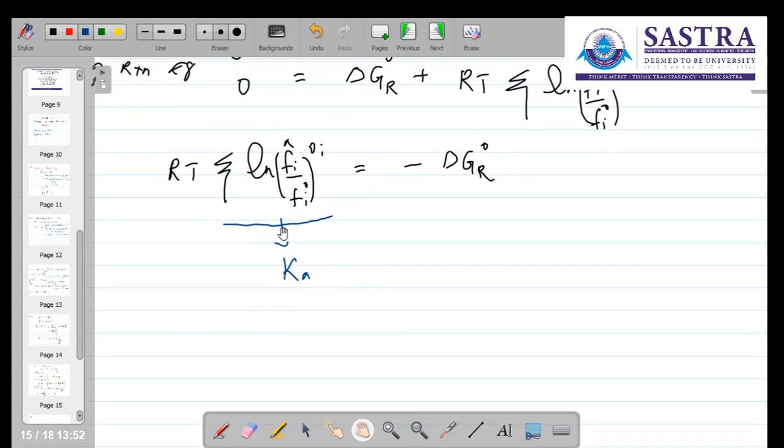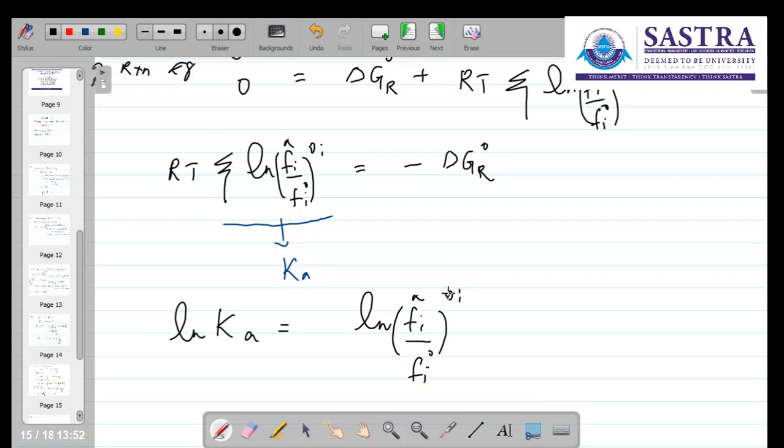So let me just write the expression for Ka. Ka is equal to fi cap by fi naught evaluated at this, and do a summation of this, which eventually leads to a product term of fi cap by fi naught raised to this, and then taking a log.